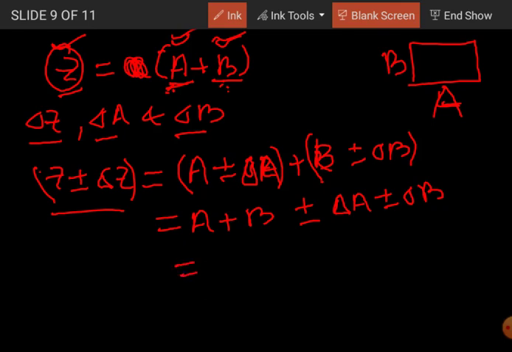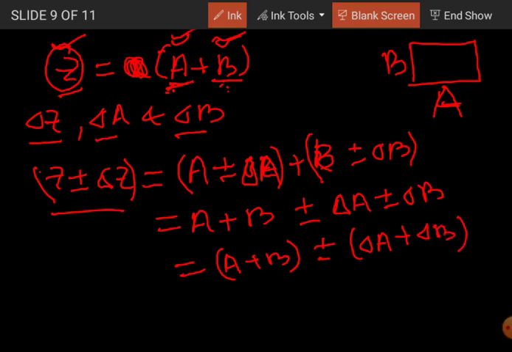So this is equal to A plus B, and you can take this common, and it will be delta A plus delta B. Got it?